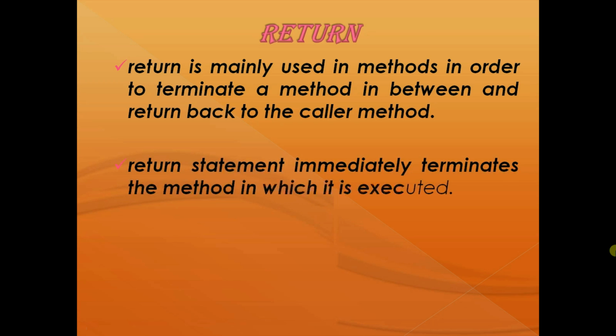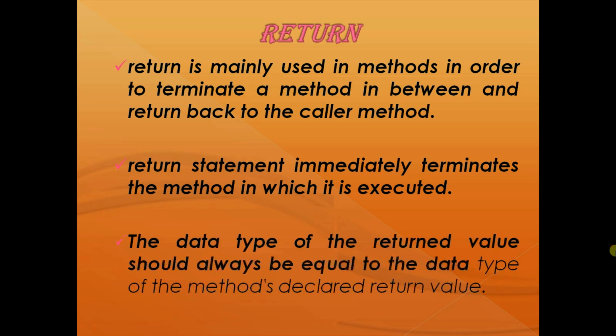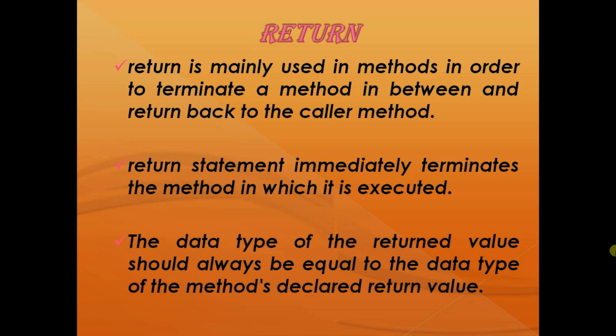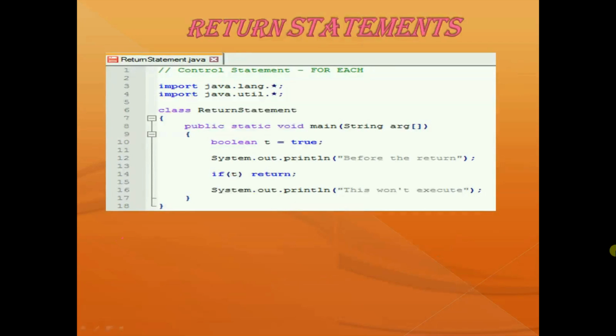The return statement immediately terminates the method in which it is executed, and the data type of the return value should always be equal to the data type of the method's declared return value. Now let's discuss this Java program, which will give more detail about return statement.